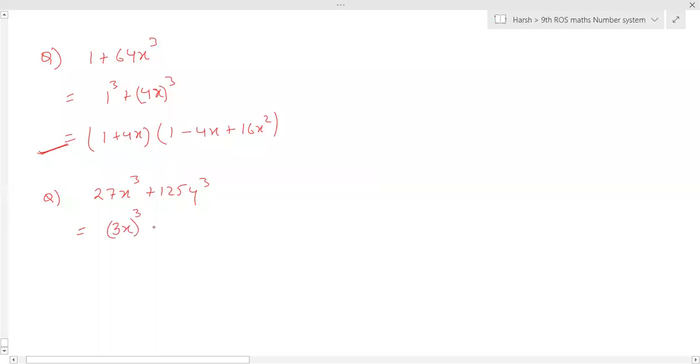And 125y cube can also be written as 5y whole cube. With the formula you can write it as 3x plus 5y into 9x square minus 15xy plus 25y square. Okay. Next question.